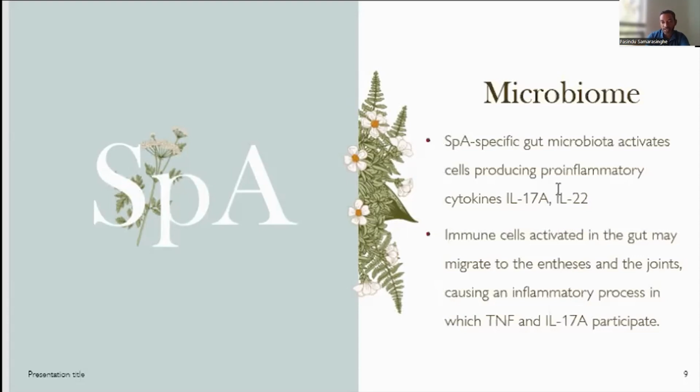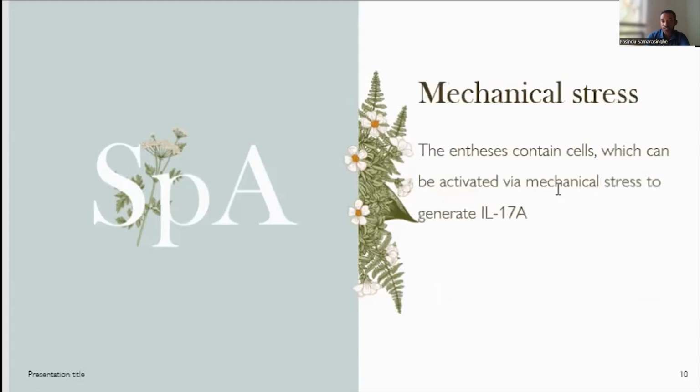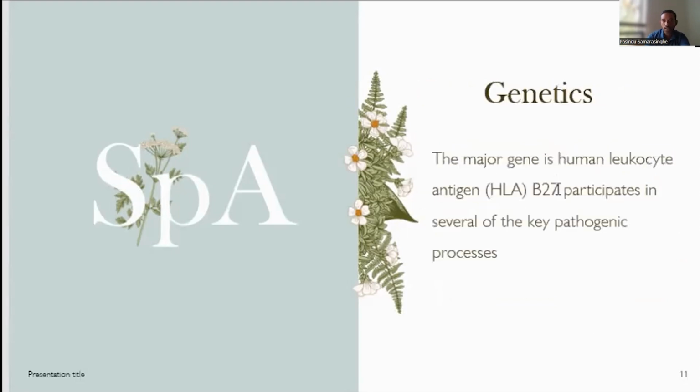That's causing inflammation. Mechanical stress can also activate these cells, which produce cytokines such as IL-17. And a genetic role is there, and they have found that HLA-B27 is strongly associated and has a key pathogenic role in the disease.